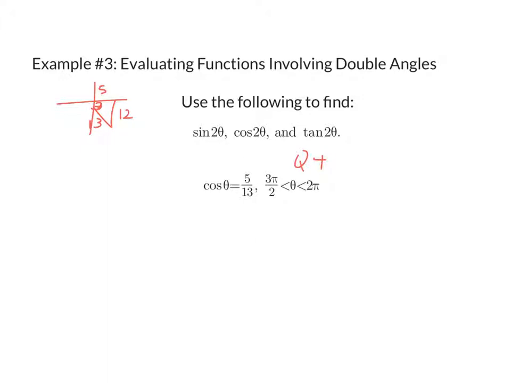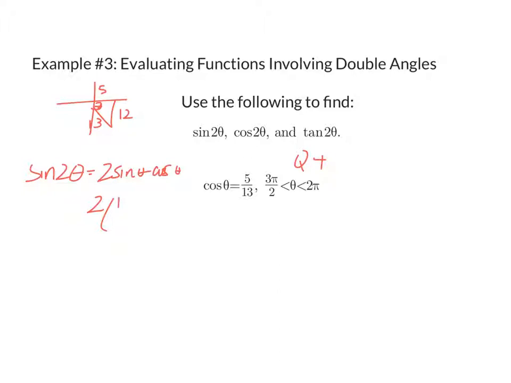So sine 2 theta is 2 sine theta cosine theta. That would be 2 times sine theta, which for that triangle is opposite over hypotenuse.